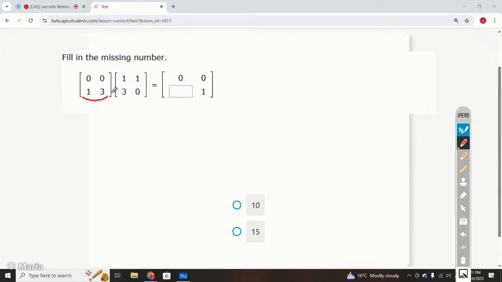So second row of the first matrix and first column of the second matrix. So that is 1 times 1 and 3 times 3.